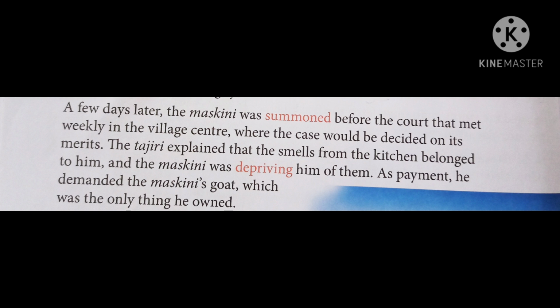The Tajiri explained that the Maskini was stealing the smells from his kitchen, and the smells belonged to the Tajiri, and he was depriving him of those smells by stealing them. So as payment, he demanded the Maskini's goat, which was the only thing that he owned.